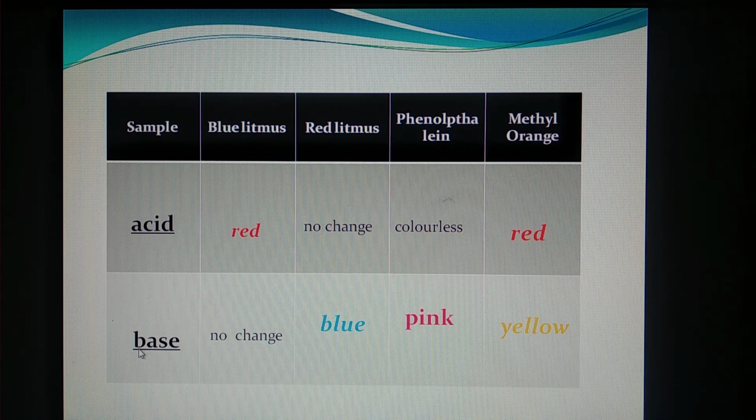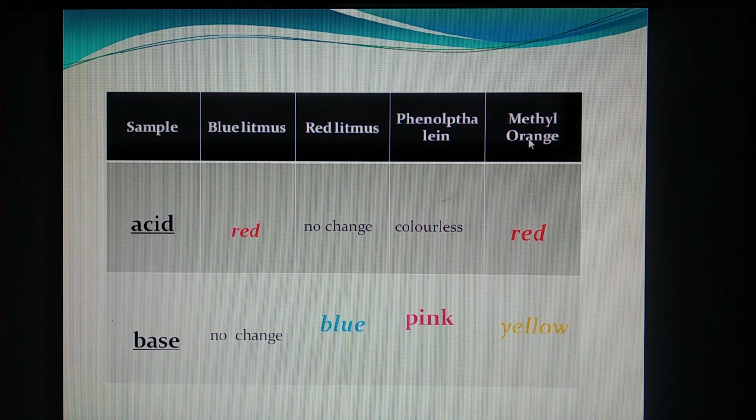Next, if the given sample is a base, when it is tested with blue litmus paper, there is no change in its color. If it is tested with red litmus paper, the color of the paper changes to blue. With phenolphthalein solution, the solution changes into pink color.